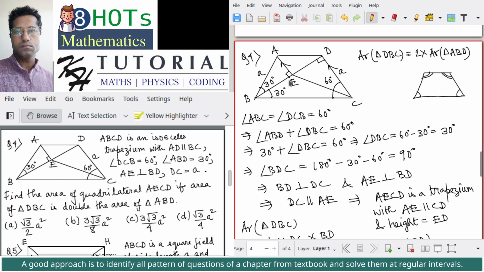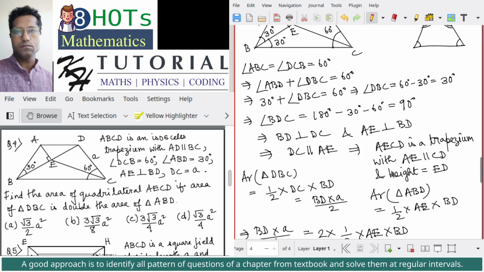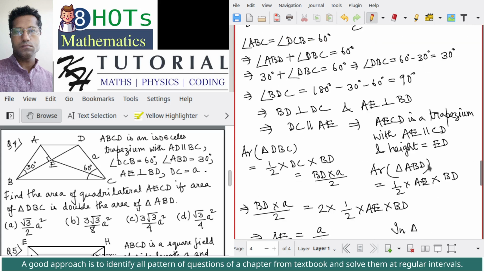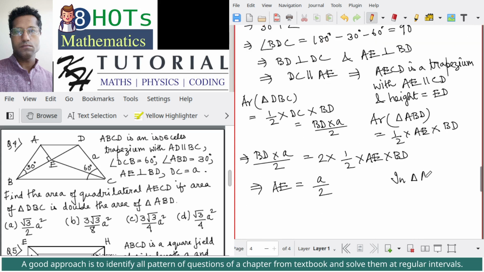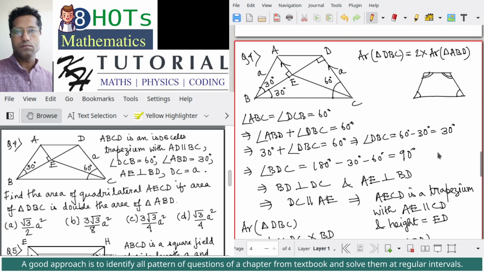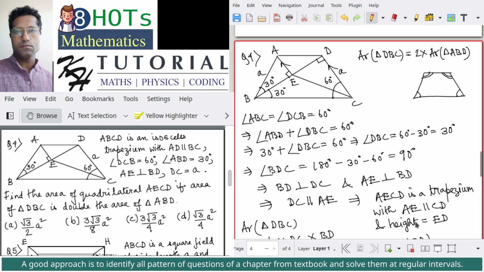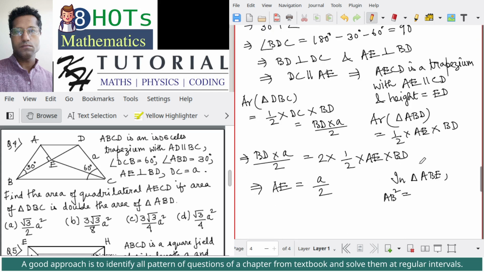We can find BE from the right angle triangle ABE. In triangle ABE, using Pythagoras theorem, AB square will be equal to AE square plus BE square.